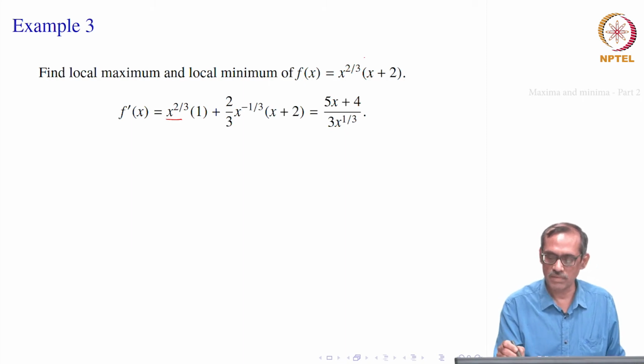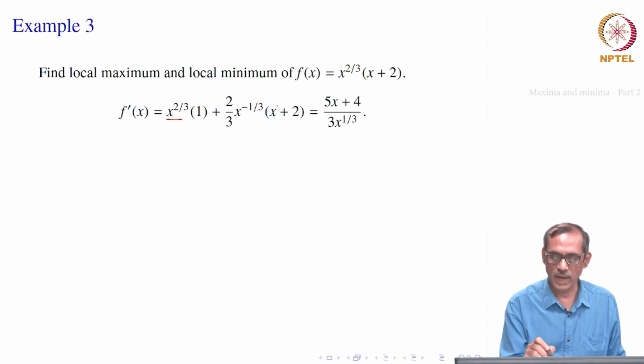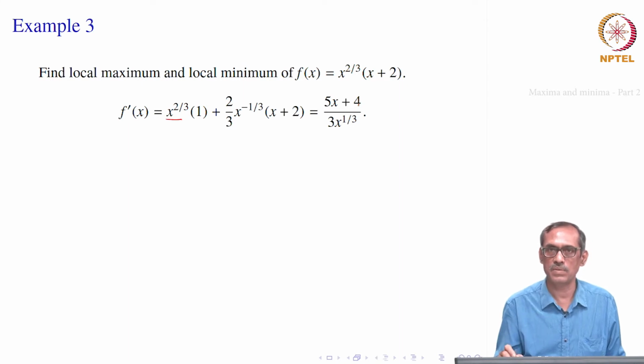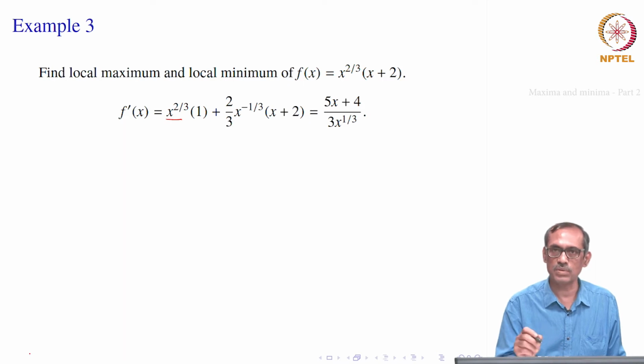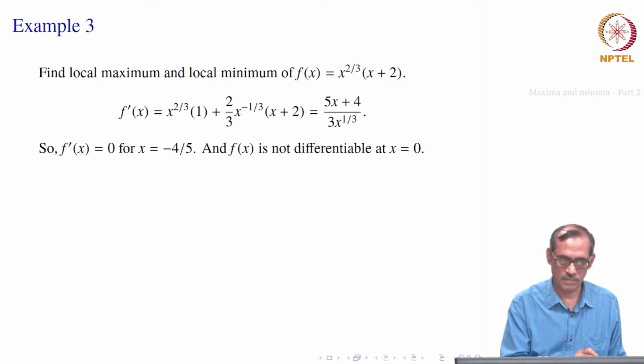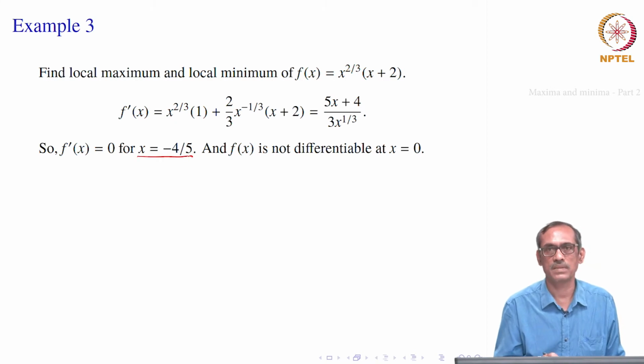Next, derivative of x to the power 2 by 3, which is 2 by 3 x to the power 2 by 3 minus 1, which is minus 1 by 3, times g, which is x plus 2. So, you simplify, that gives 5 x plus 4 divided by 3 into x to the power 1 by 3. So, to find the critical points, we should see where this becomes 0. So, it is 0 at x equal to minus 4 by 5 from this numerator.